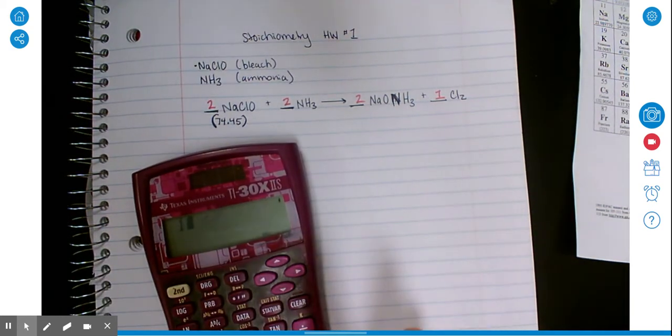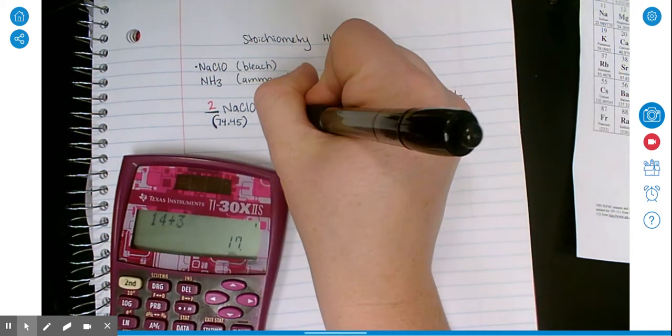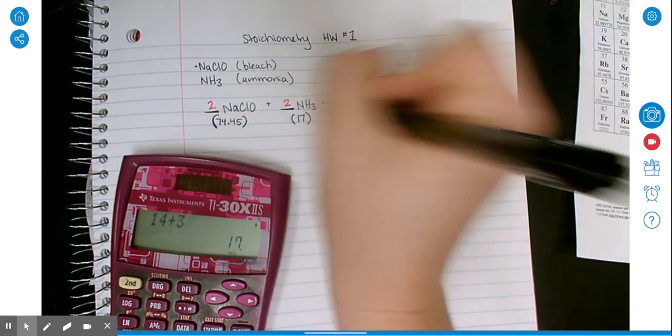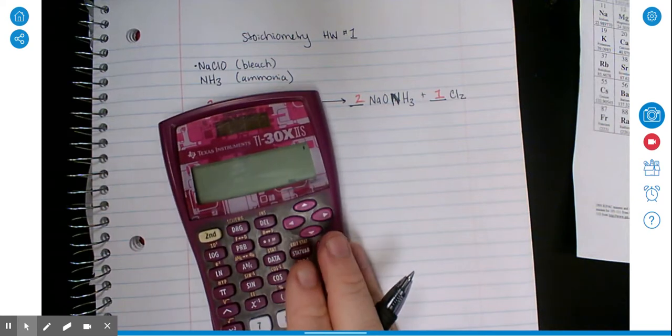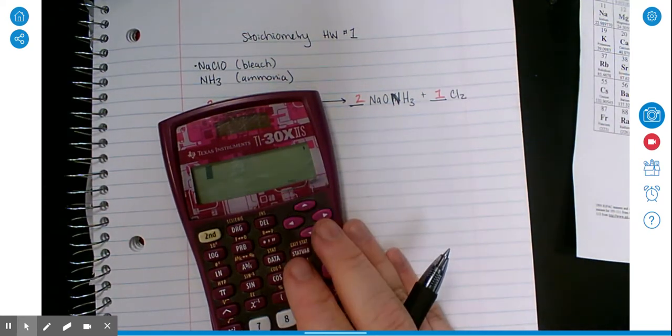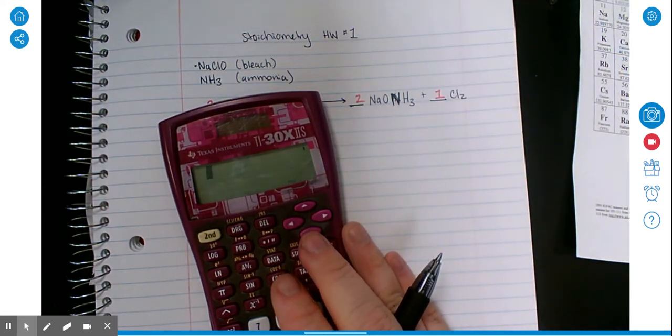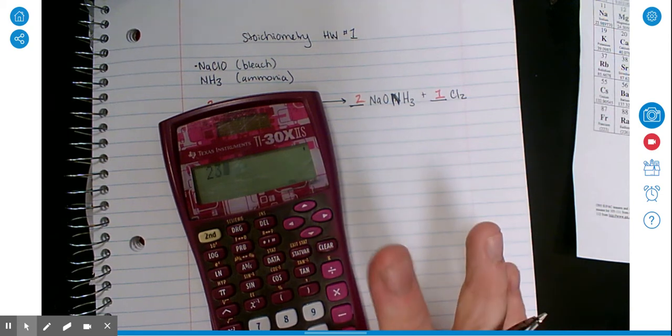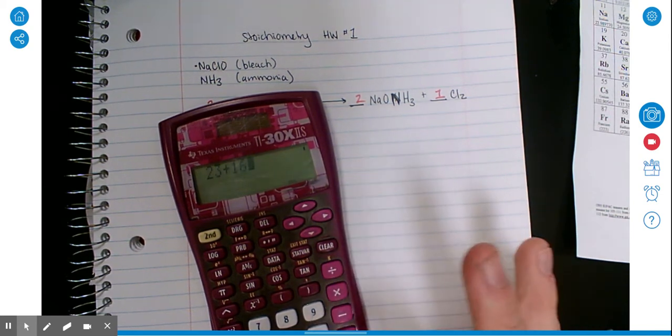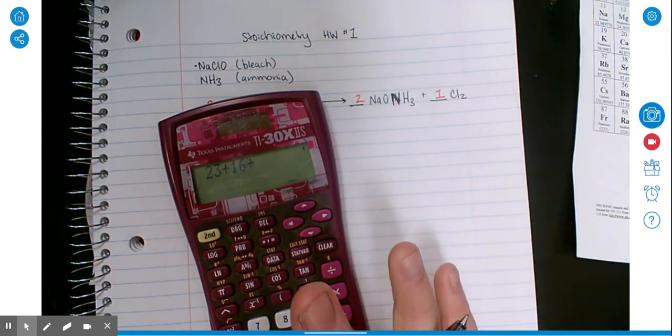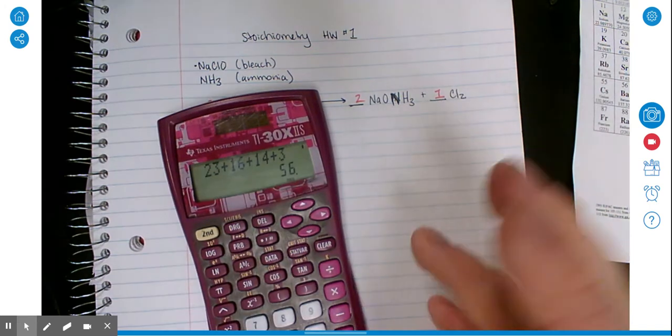NH3, nitrogen is 14 plus hydrogen is 3. That one's pretty standard. That's 17. NaONH3. Sodium has an atomic mass of 22.98, so that was 23 plus 16 plus 14 plus 3.